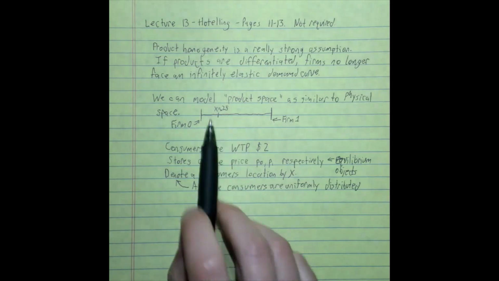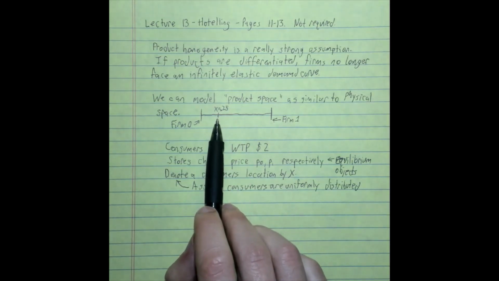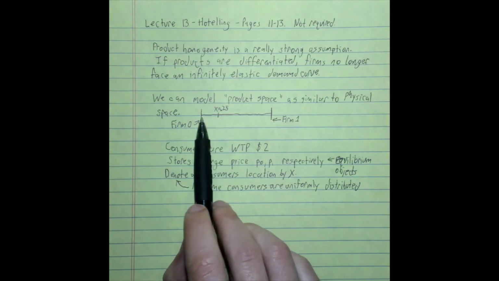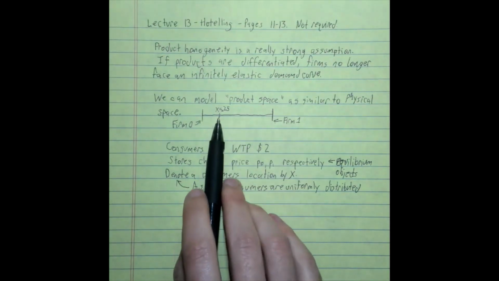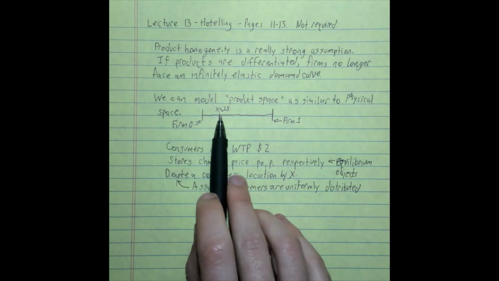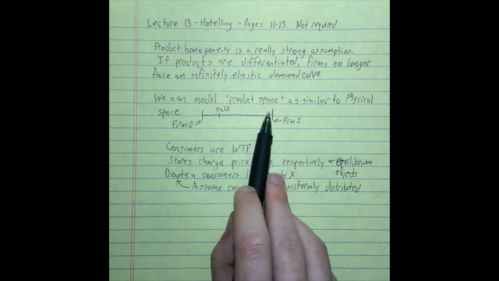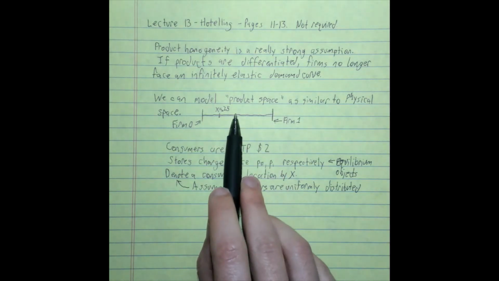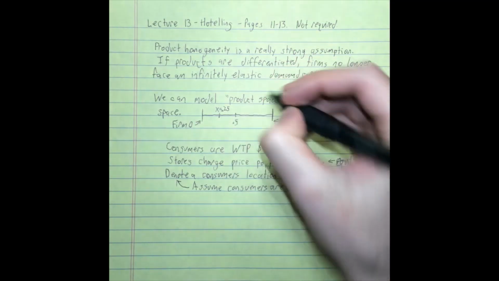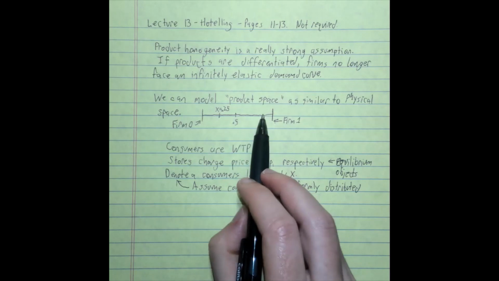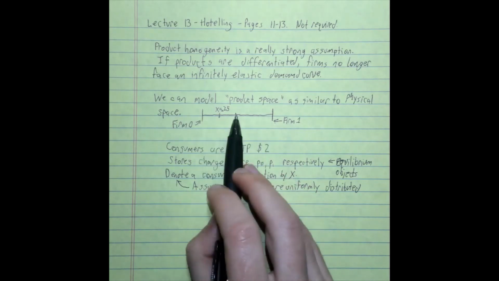What the uniform distribution buys us is that we know that a quarter of the population is between that consumer and 0, and 3/4 of the population is between that consumer and 1. If we were to consider the consumer at, say, 0.5, we know half the population is on this side of the consumer and half the population is on that side.